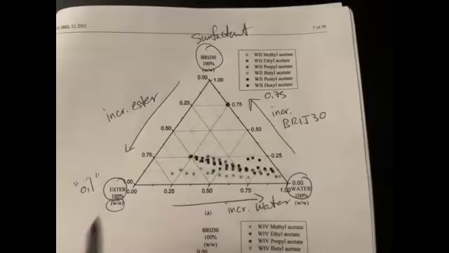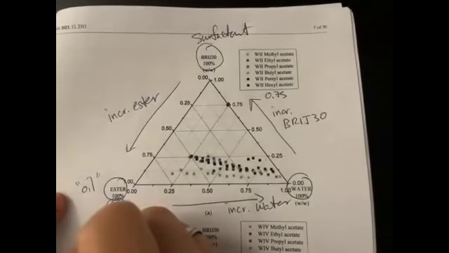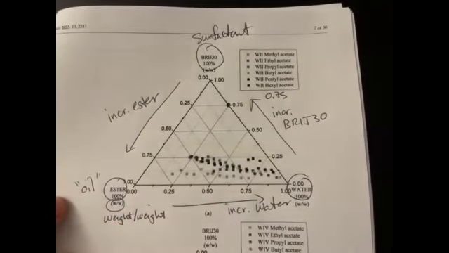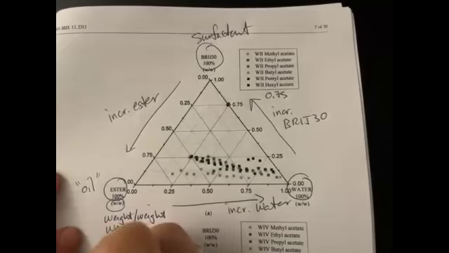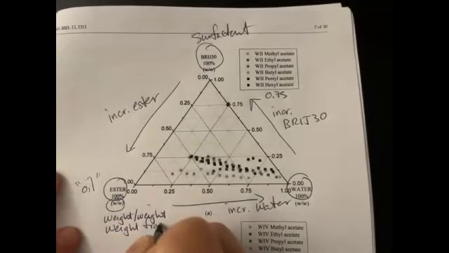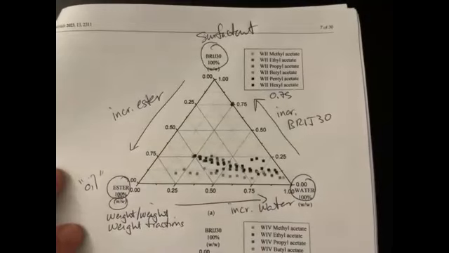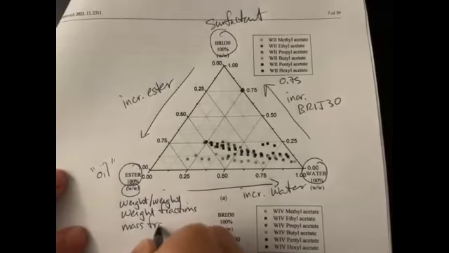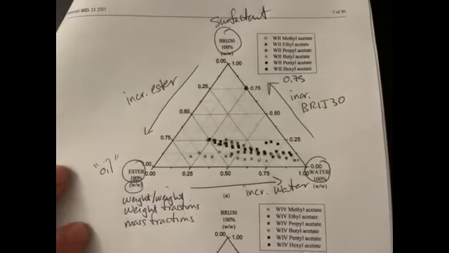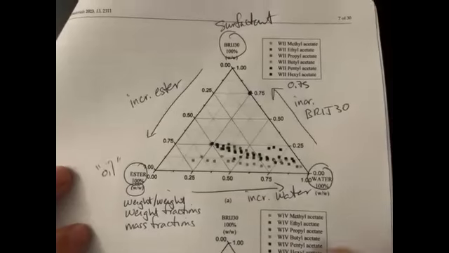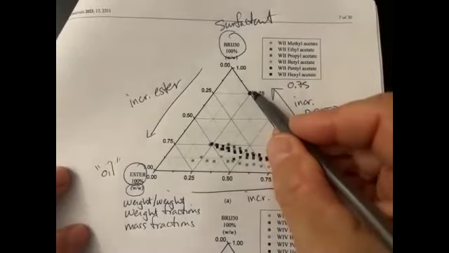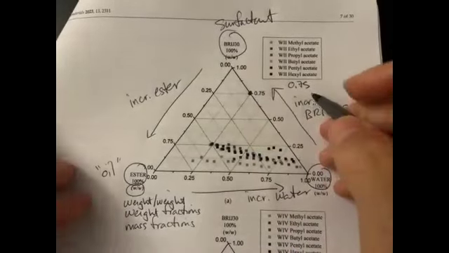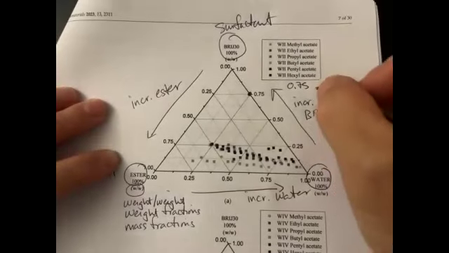Oh, and these are all weight by weights, otherwise known as weight fractions, which is an older term because these are really mass fractions.